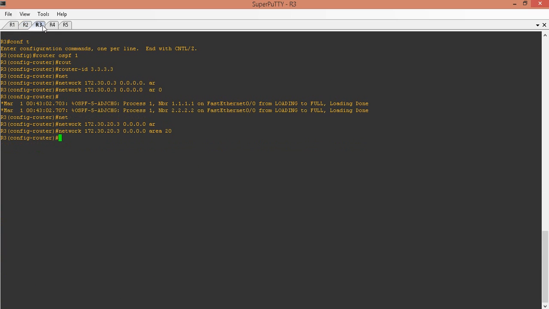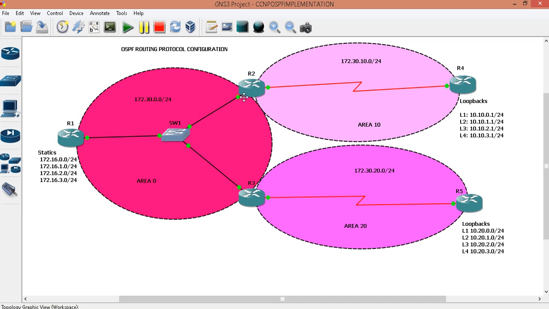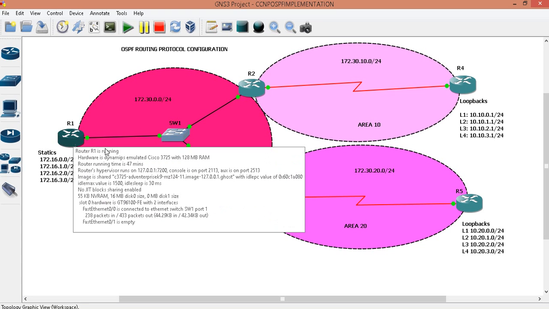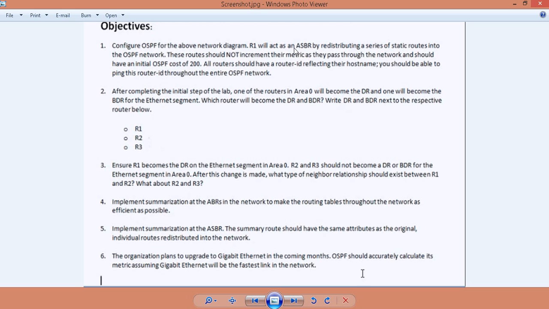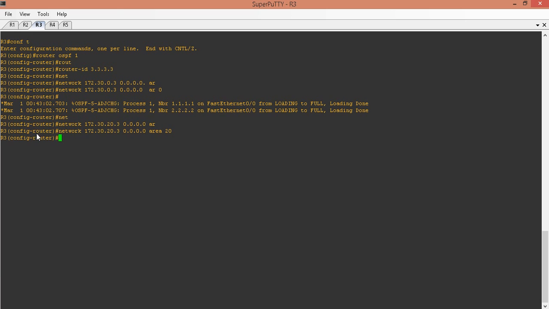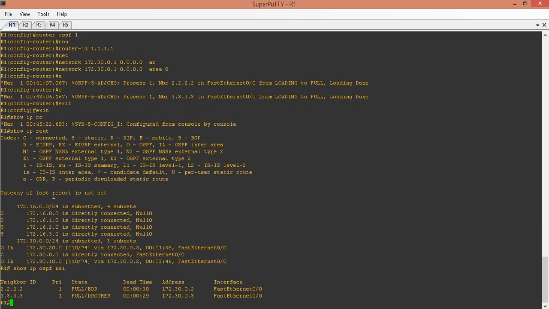So I'm going to router 3. Let's check the topology. Now I'm going to redistribute, as the objective says. We have to redistribute static routes into the OSPF network from router 1. How is that done?